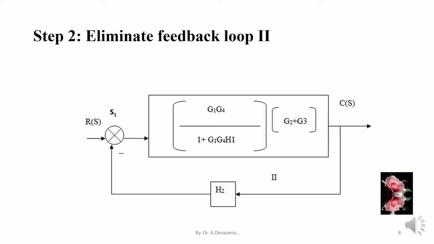This is the diagram. Here we have to eliminate feedback loop 2. By eliminating feedback loop 2, the summing point S1 can be eliminated. In this diagram, a negative feedback of H2 is applied to this circuit. So we have to eliminate this feedback loop 2.